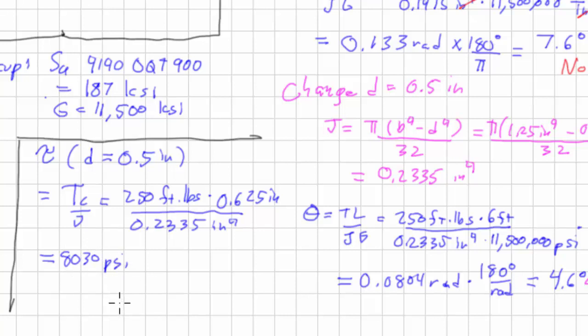gives us 8,030 psi. Now if we compare that to our ultimate strength, we take 187 KSI, divide it by 8.03 KSI, which is from here, we end up with a factor of safety of about 23, which is almost double what we were originally looking for, which was a design factor of 12.